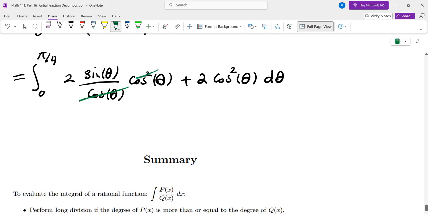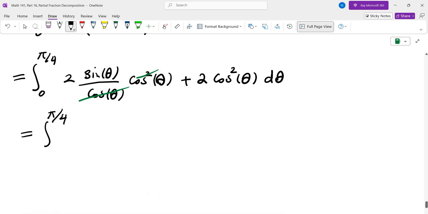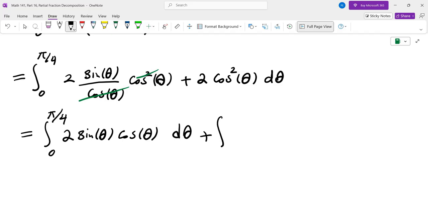So one of the cosines cancels, and we get integral from 0 to pi over 4 of 2 sine of theta cosine of theta, and then plus integral, I forgot d theta, plus integral from 0 to pi over 4 of 2 sine squared of theta.